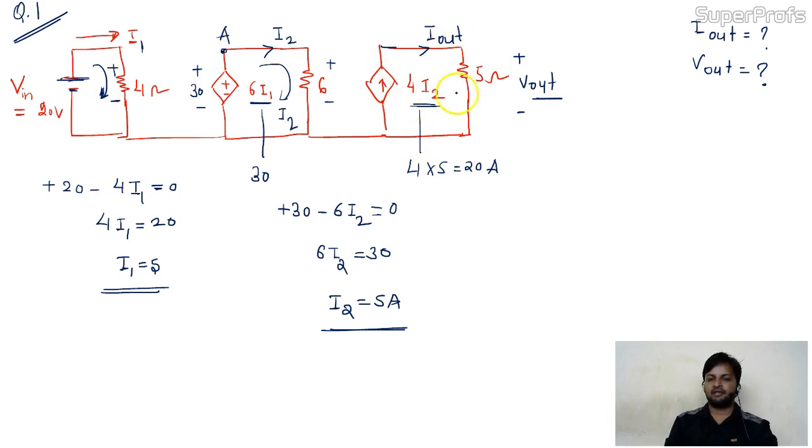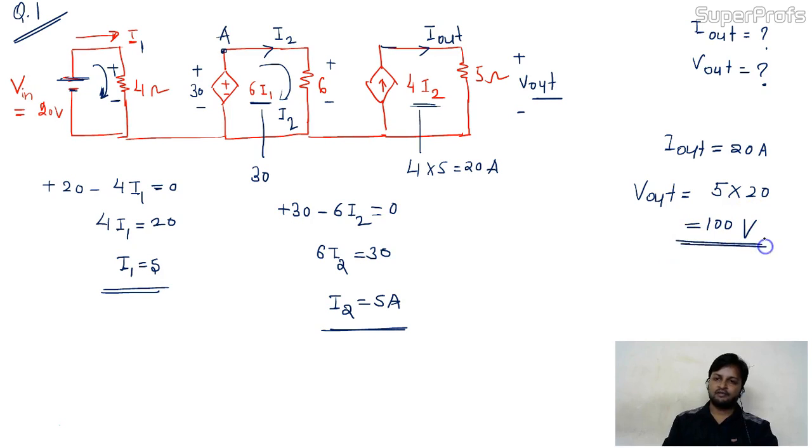This current is flowing in the circuit, so I out is directly 20 ampere. Is it correct? Now can you find out the V out? Simple. You have the current, you have the value of resistance also. 5 into 20 is nothing but 100 volt. Simple. This is your problem.